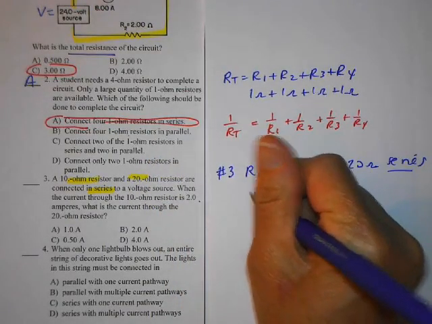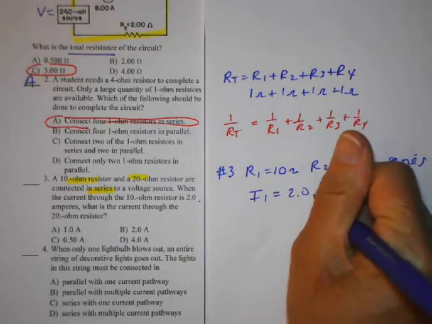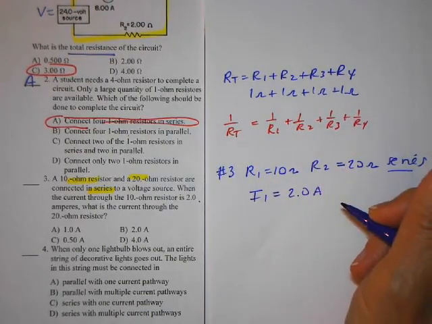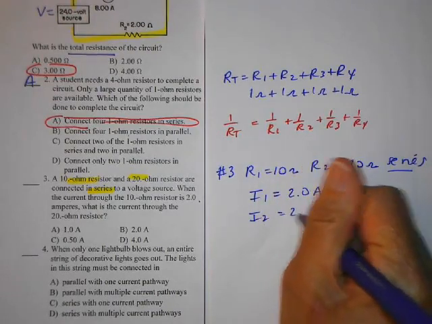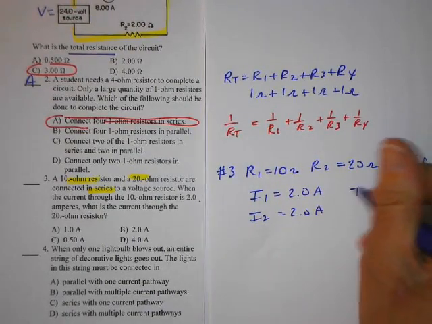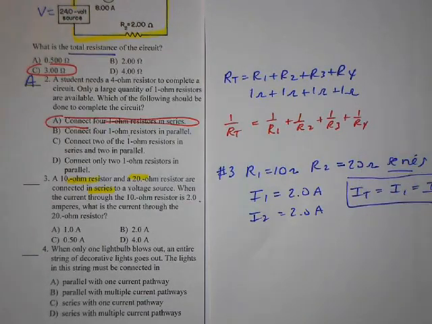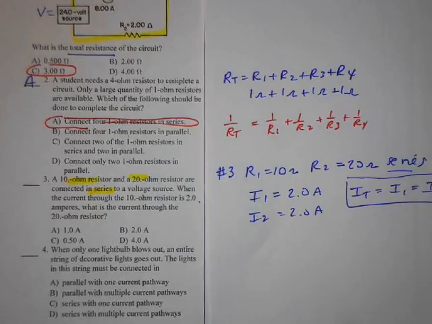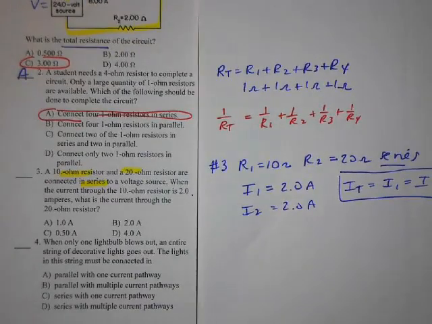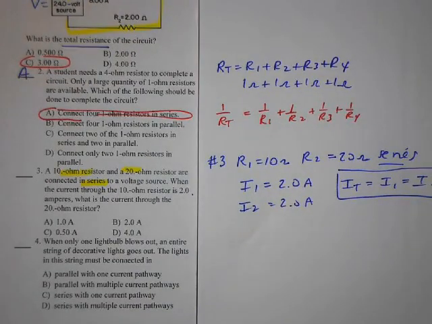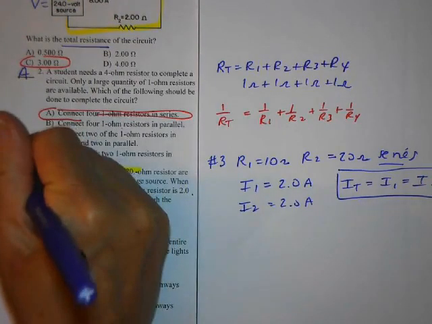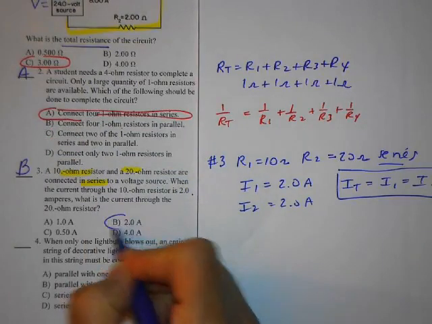Well, in series, if I1 is 2 amps, I2 is also going to be 2 amps, because in series, the current's the same. IT is equal to I1, is equal to I2, is equal to I3, etc. The current is the same in series, so I don't even need to do a calculation there. So the answer to number 3 is B, which is 2 amps.